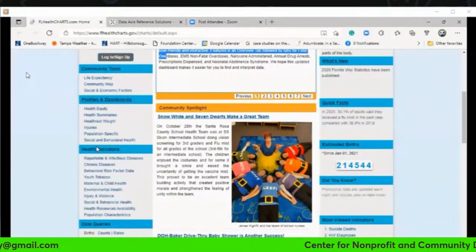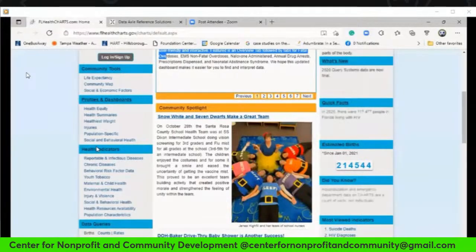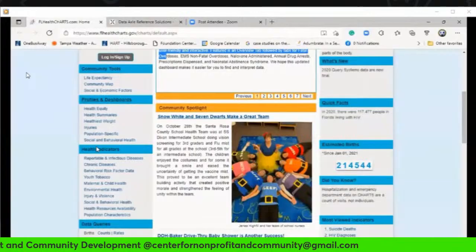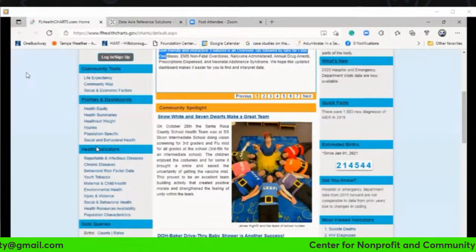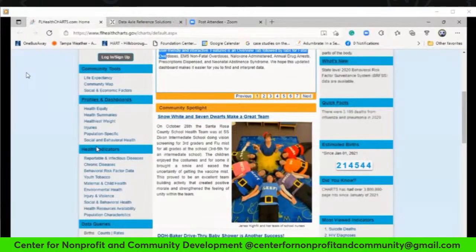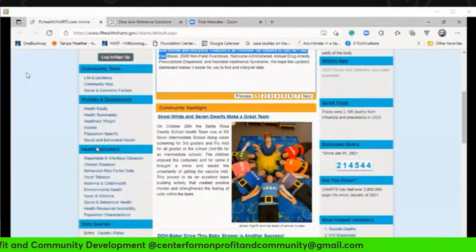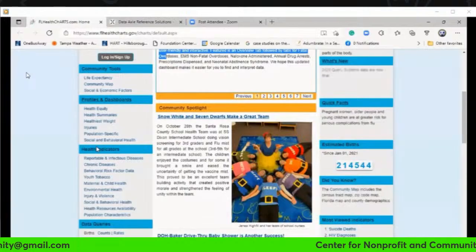What is the most likely injury for a senior citizen, or for a young person, or at a workplace, or anything related to injuries? We can get that data here. We also can look at population specific, African Americans, and we can break that down to specific health issues that are associated in part with being African American or any other ethnic group.